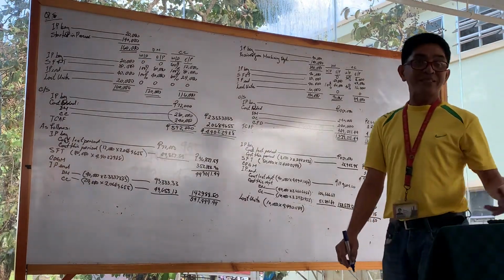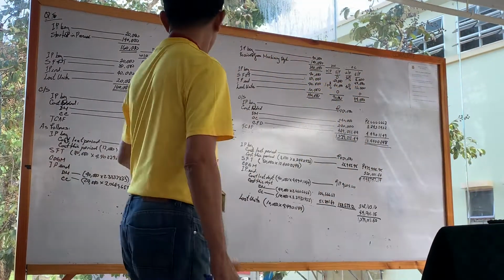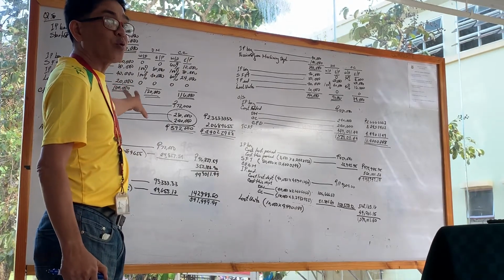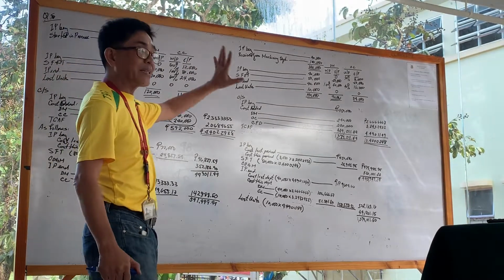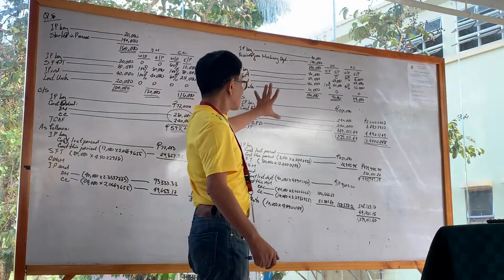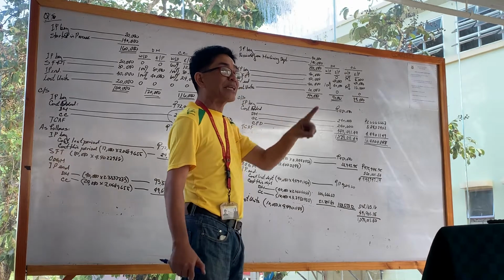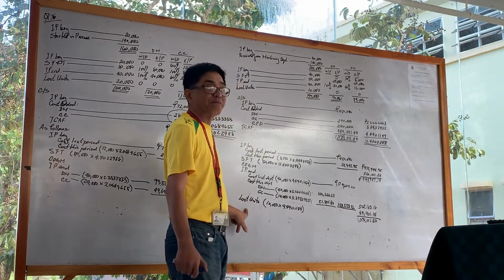Now, what is the entry? The same entries as in the first two. The same entry with regards to the costs apply. The only difference is this one.